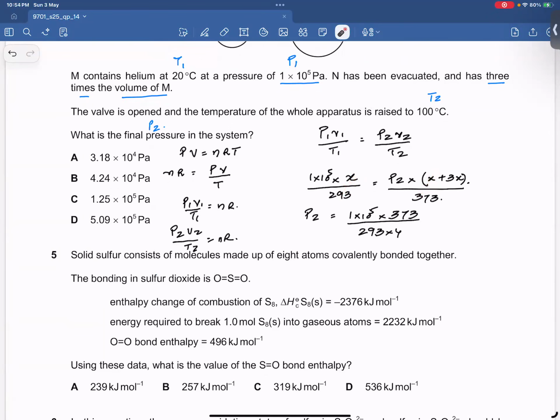So it's going to be 4X, and 4X and X cancel out with each other, so we'll get 4. I hope it makes sense to you. So the P2 from here is going to be 3.18 into 10 to the power 4 Pascal. So the right answer is going to be A. All right.